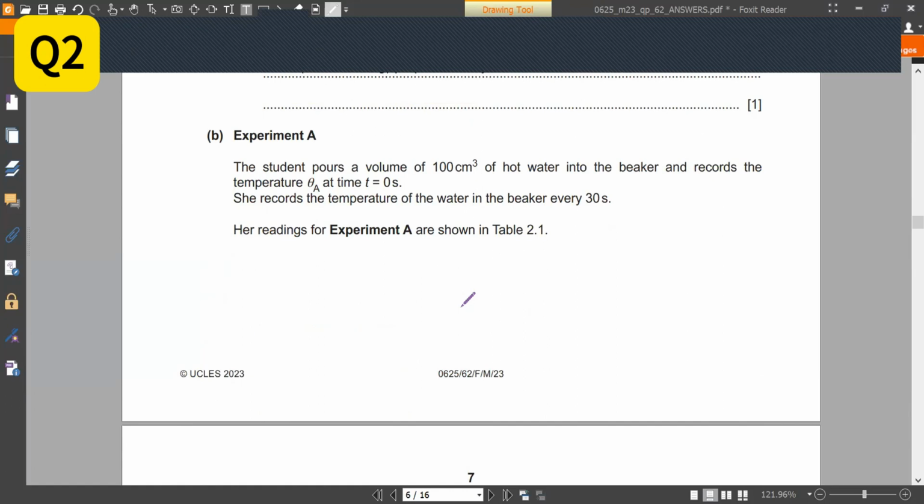We are doing 2 experiments here, experiment A and experiment B. The student pours a volume of 100 cm cube of hot water into the beaker and records the initial temperature at time equals 0, and then records the temperature of the water every 30 seconds.